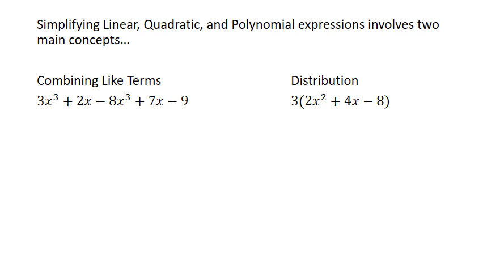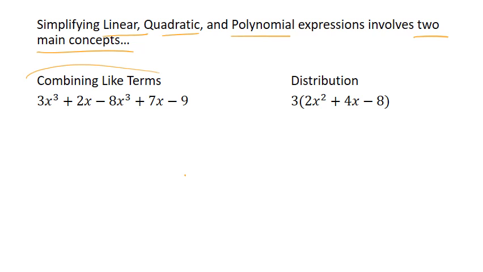So there's no equal sign. We're not solving for x. All we're doing in this lesson is taking an expression and trying to compact it, to try to simplify it down to fewer terms. Now, simplifying linear, quadratic, and polynomial expressions involves two main concepts.